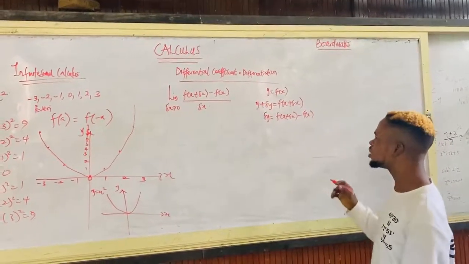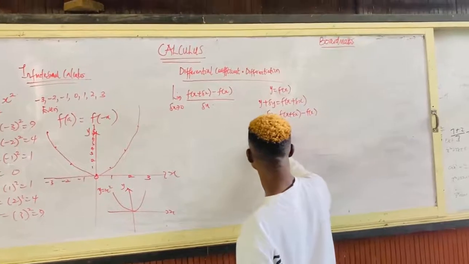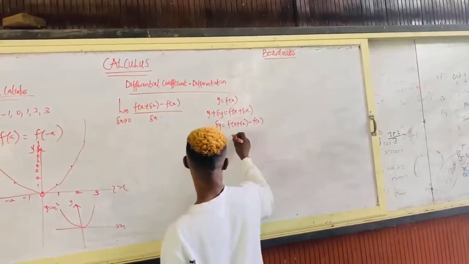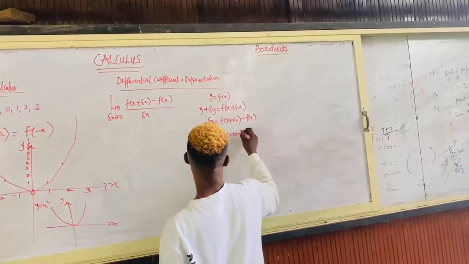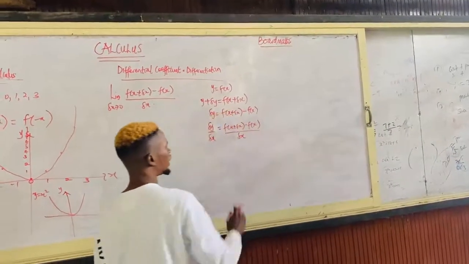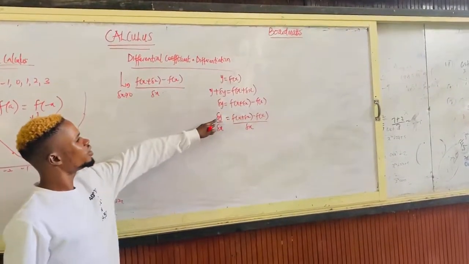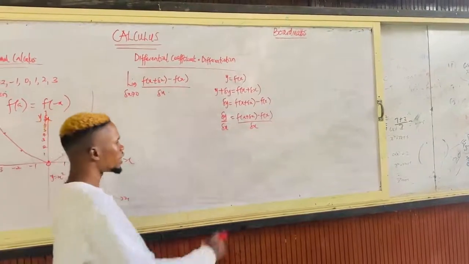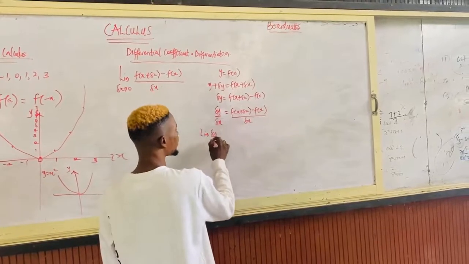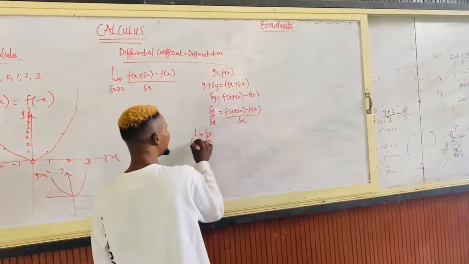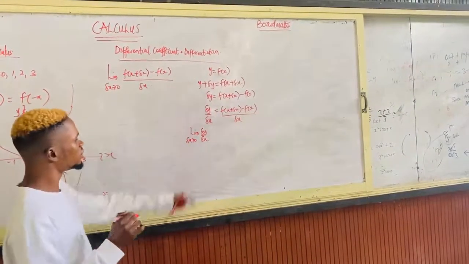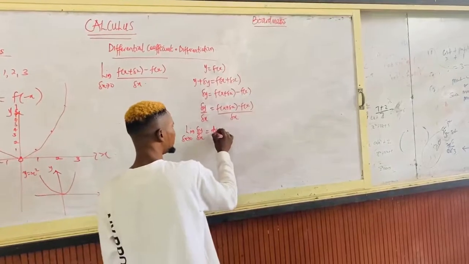I can divide all through by del x. Dividing all through by del x, that means the rate of change of the increment in y to that of the increment in x. That's f of x plus del x minus f of x all over del x. You can take the limit of del y over del x as del x tends to 0, and that gives dy dx.